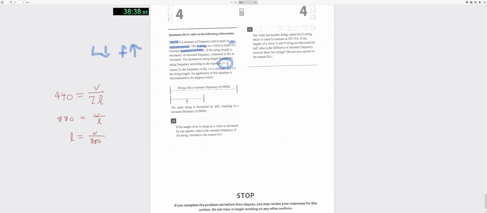Now we don't know what V is. They say in the problem that V is a constant, so we can't do anything with V, but it's going to be the same V no matter what. So we're just going to call it V.